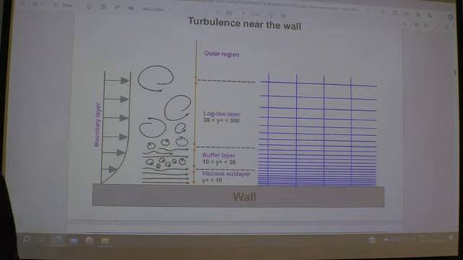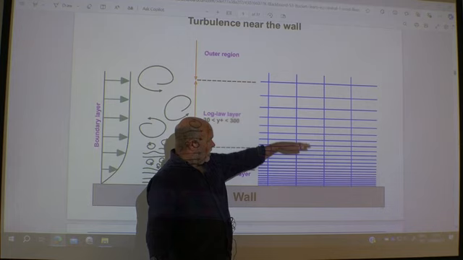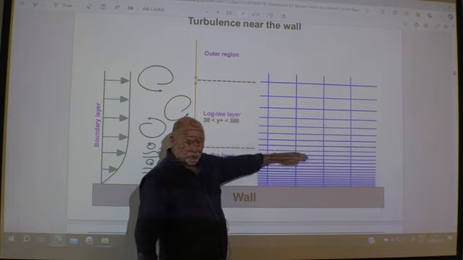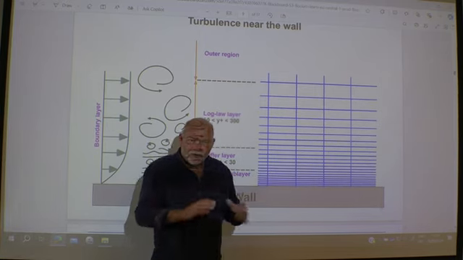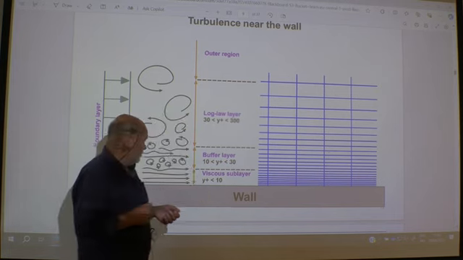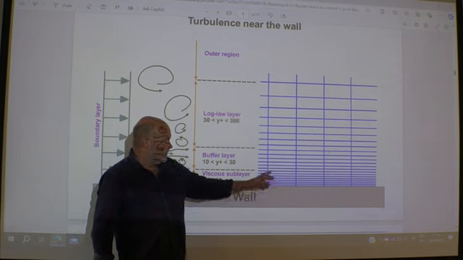So as an image, here you now have a wall, and here is your mesh system, and you see typically you will then stretch the mesh, smaller and smaller cells close to the wall, to describe all the physics down here. And inside the viscous sublayer, you see we have plenty of cells here.